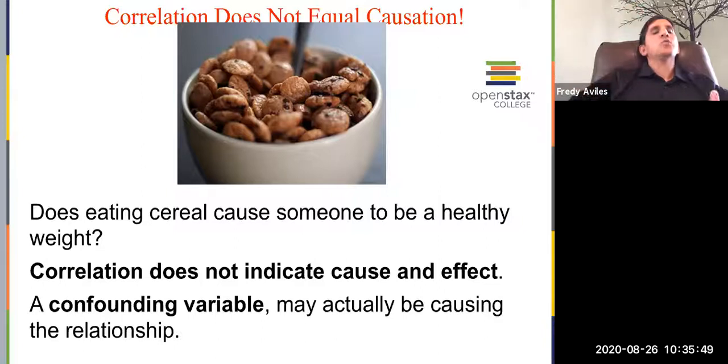The more you weigh, usually the shorter your lifespan. Does that mean that it's the actual weight that's causing a shorter lifespan? Probably not. There are people who are tall who weigh a lot, and that doesn't necessarily mean they're not going to live that long.